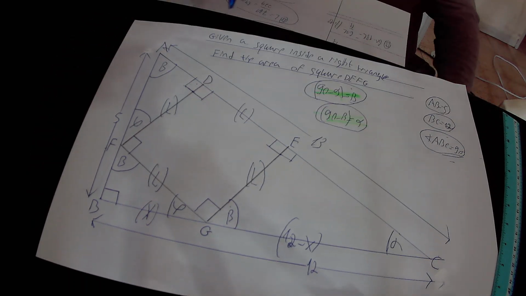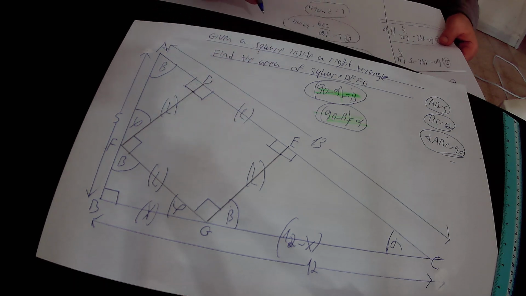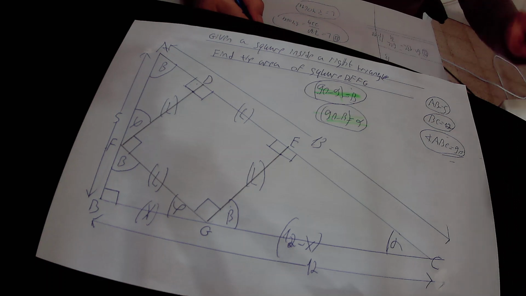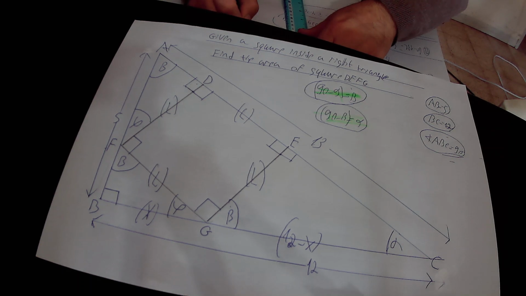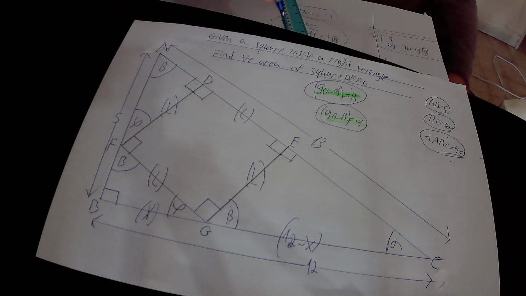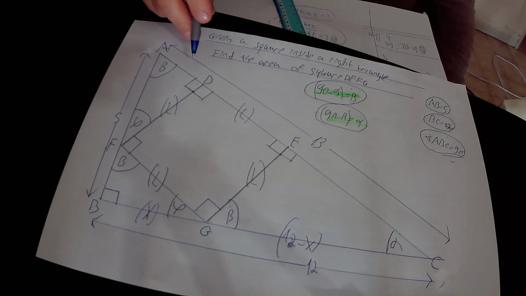The area of this square DEFG is equal to the area of one side squared. The side is L, and therefore the area of the square is L squared.